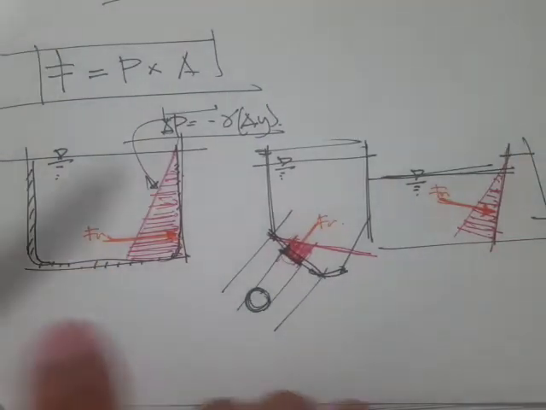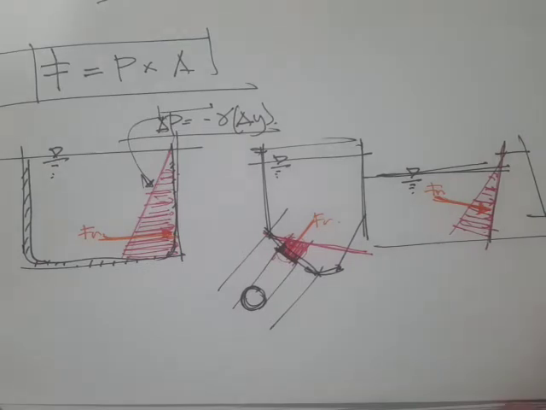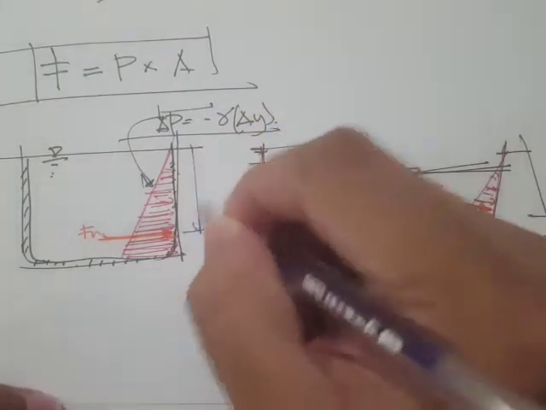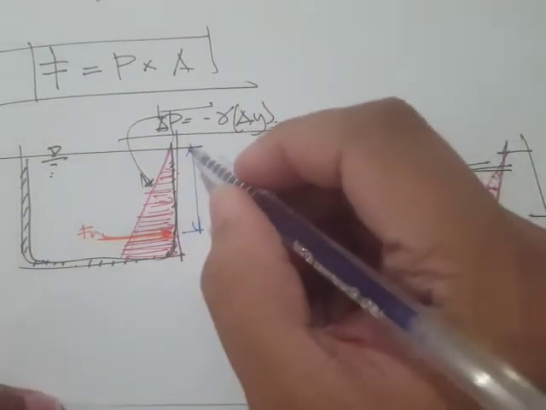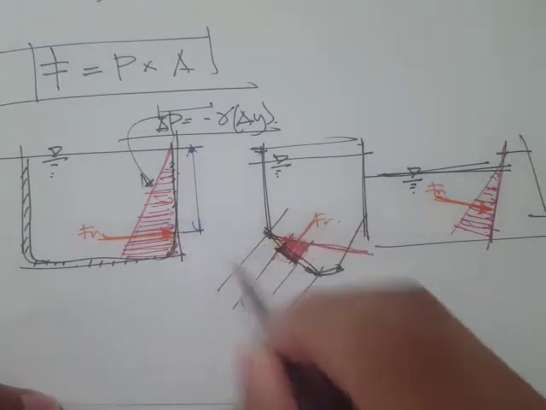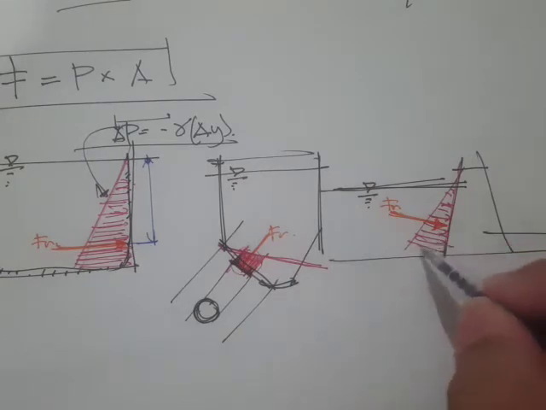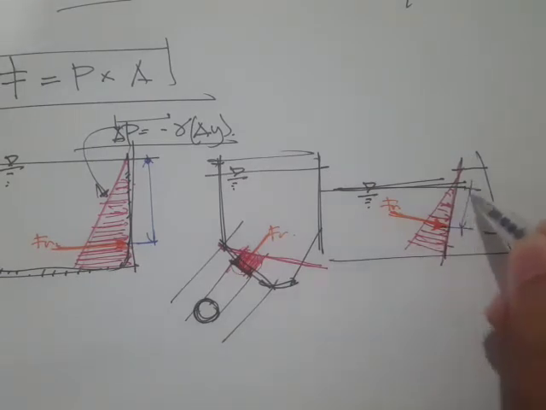And if we have this Fr, then sometimes you want to know where that Fr is acting. Let's say the distance from the free surface to this Fr. So that's the distance we want to know. Also this one.